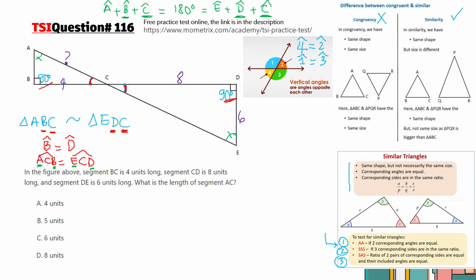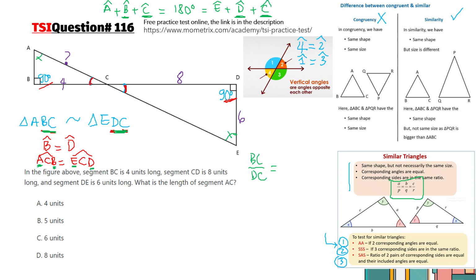So now we can use the fact that corresponding sides are in the same ratio to solve the problem. We see that we have BC, right here next to each other, over DC, which will be the same as AC.